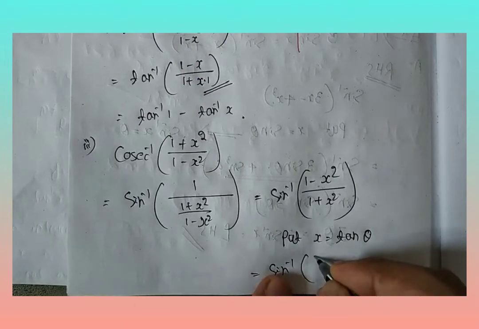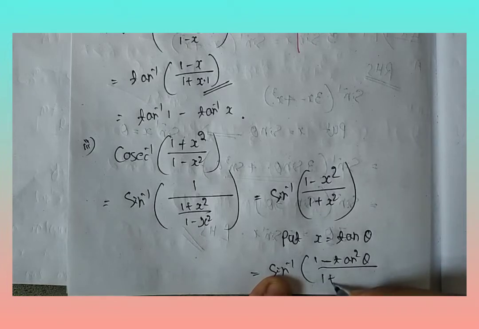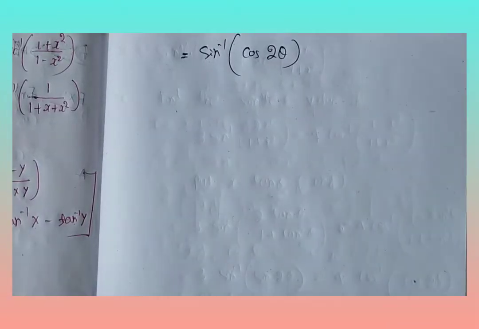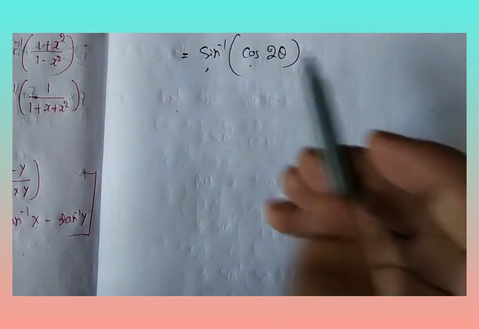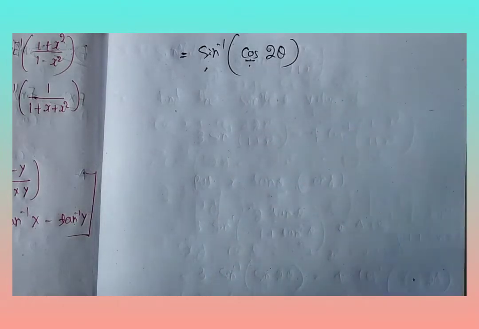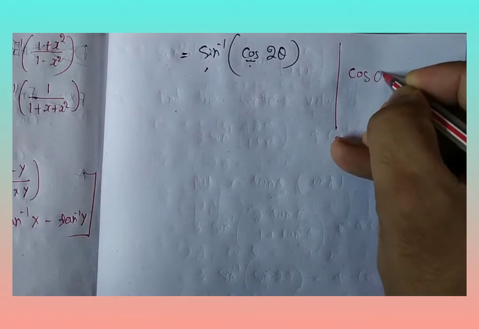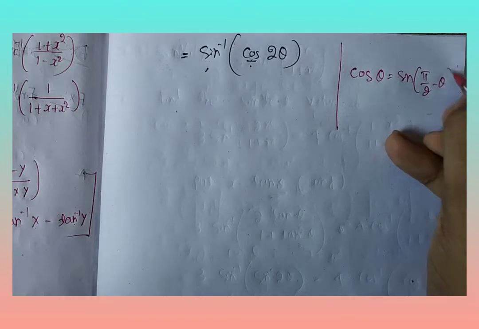Sin inverse of (1 minus tan square theta) divided by (1 plus tan square theta), and this is equal to cos 2 theta. Here the trigonometric function is sine, but here the trigonometric function is cos. That means we have to change this trigonometric function into sine. And we have a formula: cos theta is equal to sin (90 minus theta).